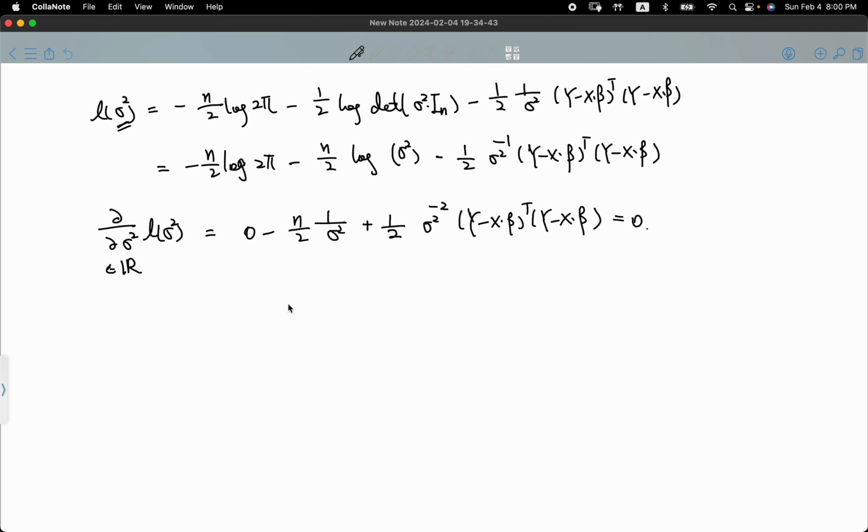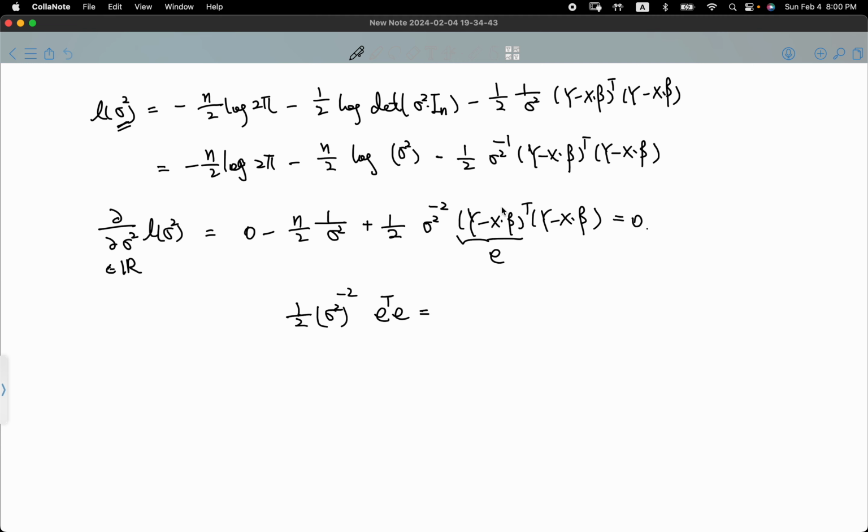So we have 1/2 sigma square to the power of -2. Here I'm just going to use e to denote y minus x beta, the residual. This e is different from the epsilon. This is just defined as y minus x beta.